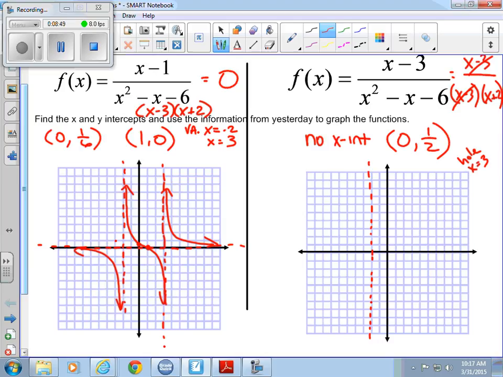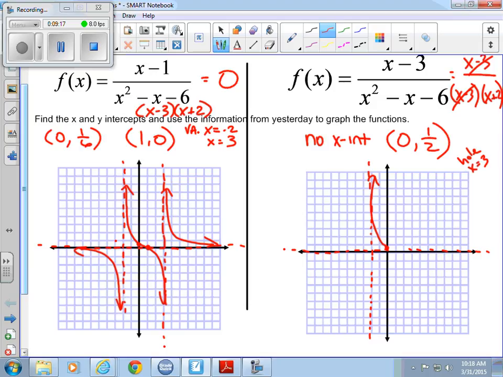If you wanted to find that by hand, you would cancel the x minus 3 out and then plug in the 3 and get 1/5. But we're just going to use the calculator to estimate where that hole is. The horizontal asymptote was still at y equals 0. We also have the 1/2, the y-intercept, no x-intercepts, but we do have that y-intercept.